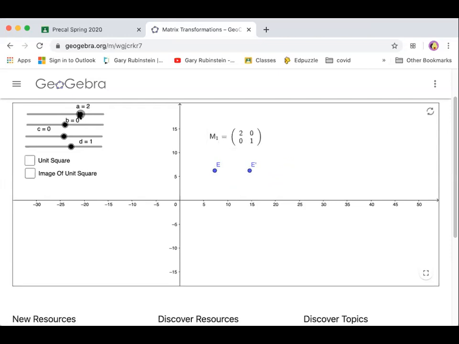And you can see, if I change A and D both to 2s, or in this case, 2 and 3, you can see it turns into a dilation.